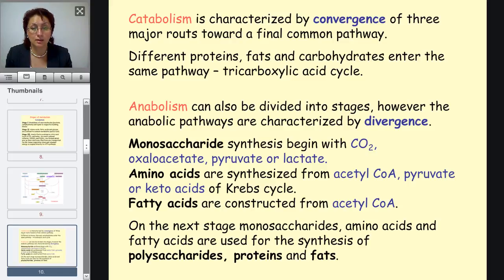Amino acids are synthesized from acetyl coenzyme A, pyruvate or keto acids of the Krebs cycle. Fatty acids are constructed from acetyl coenzyme A. On the next stages, monosaccharides, amino acids, and fatty acids are used for the synthesis of polysaccharides, proteins, and fats.